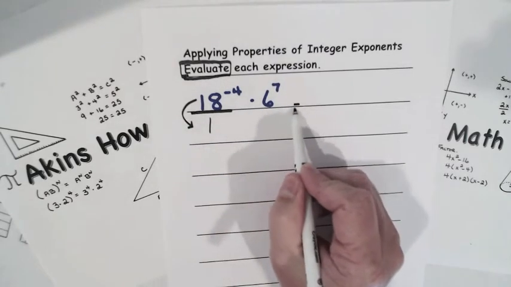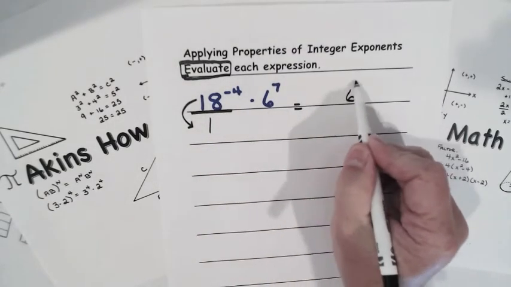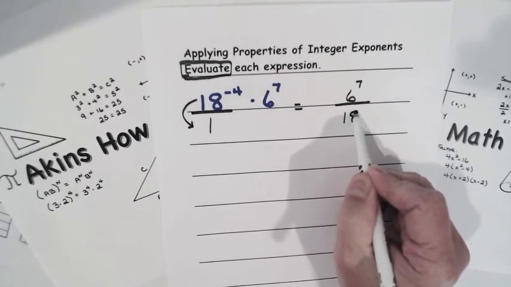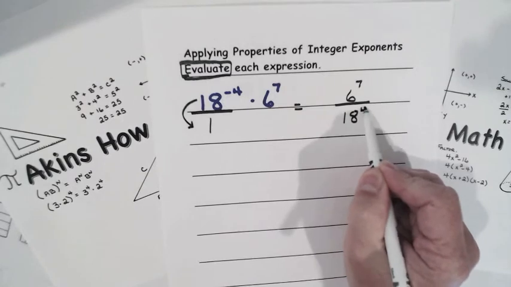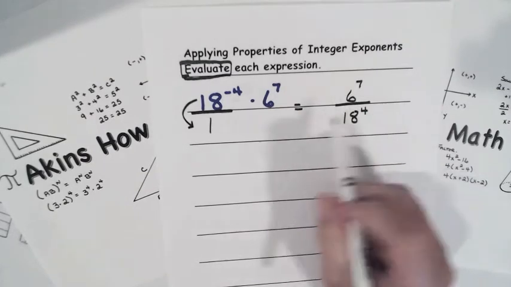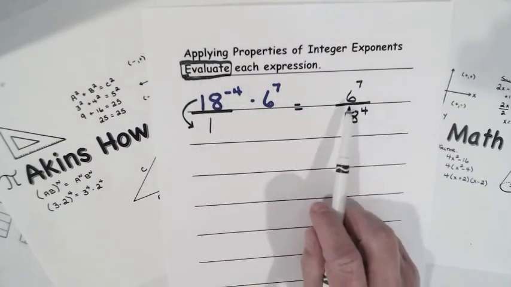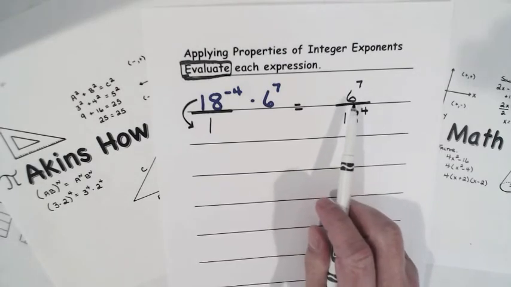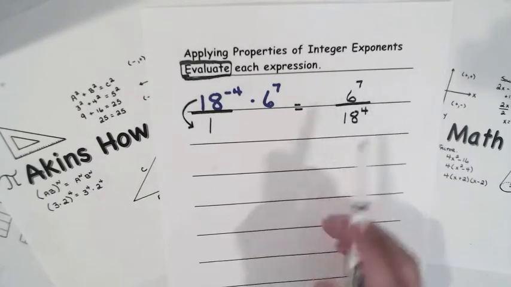So I'm going to rewrite this over here. 6 to the 7th power divided by 18, and now that I've moved it into the bottom, to the 4th power. Since I need to evaluate this, I'm actually going to write out that many 6's to show you exactly what's going on here. That's 6 to the 7th power.